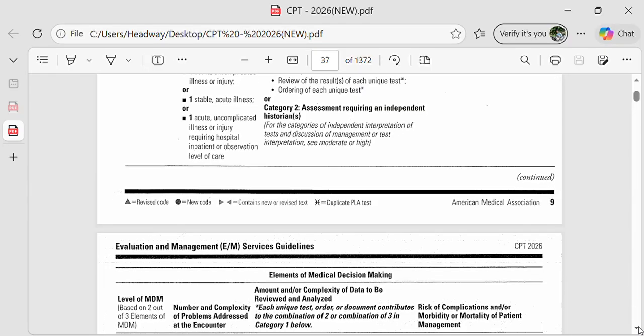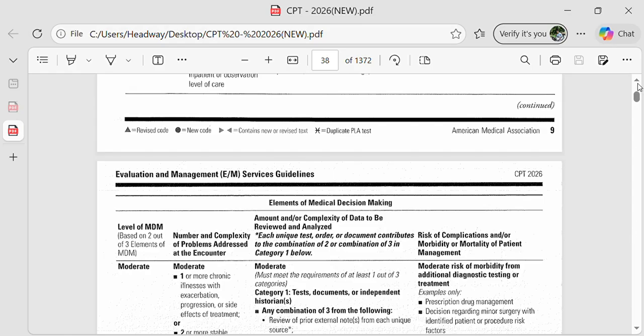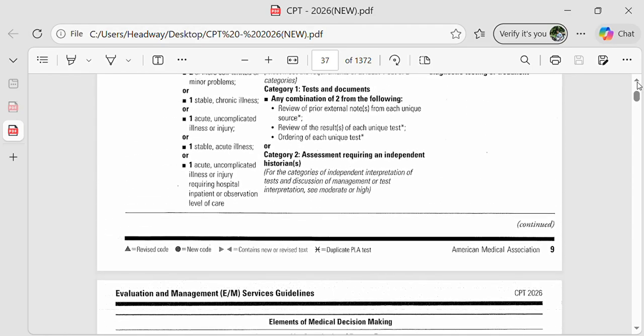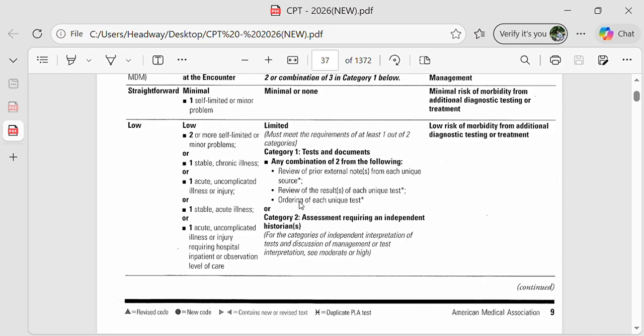Here two categories are there. Above, see this line: must meet the requirements of at least one out of two categories. That means at least one category in the COPA needs to be met.